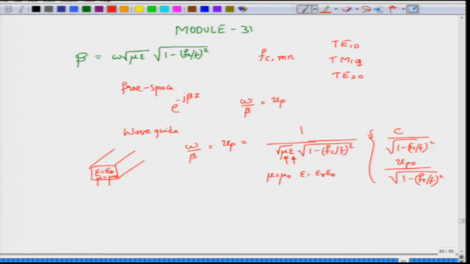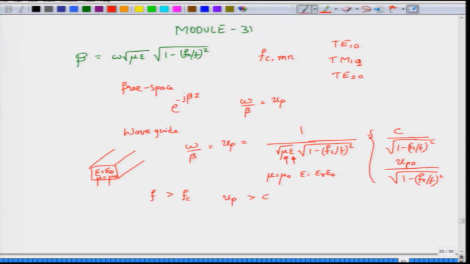Now, we have said that for a particular mode to propagate, f has to be greater than fc. If f is greater than fc, fc by f will be less than 1. So, the square of a quantity that is less than 1 will also be less than 1, 1 minus that quantity will still be less than 1, and the square root of this will also be less than 1. But because this factor is in the denominator, what you would actually observe is that up will be greater than c.